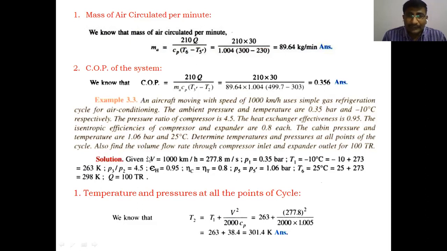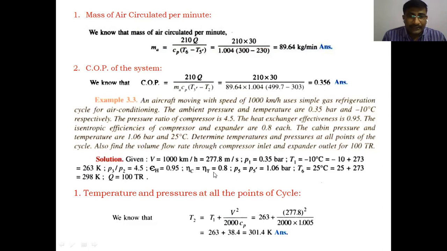And the effectiveness of heat exchanger is a new term, represented by epsilon H. Epsilon H is the effectiveness of heat exchanger, which is 0.95. This is the new term in this problem. The effectiveness is defined as the actual heat transfer divided by maximum possible heat transfer, or actual temperature drop divided by maximum temperature drop in the heat exchanger.